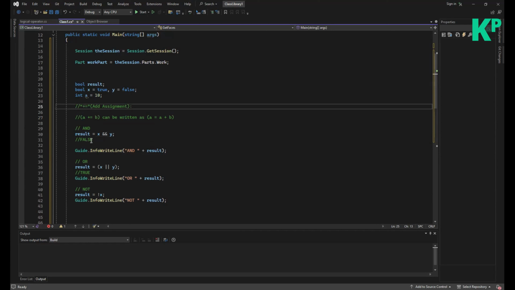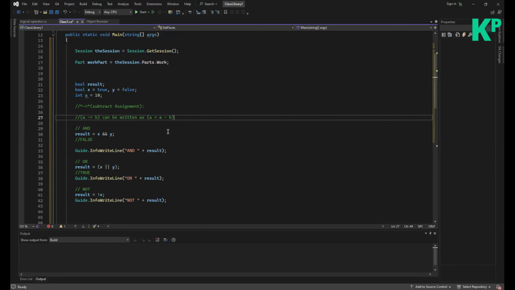Similarly, for subtract assignment, a minus equal to b can be written as a is equal to a minus b. The result is going to be a minus b either way.